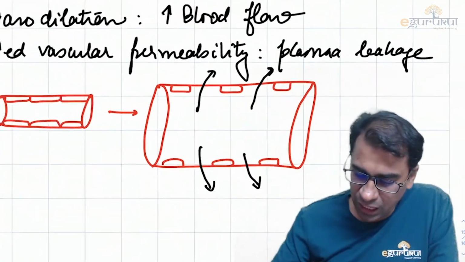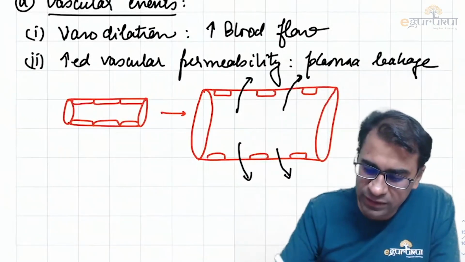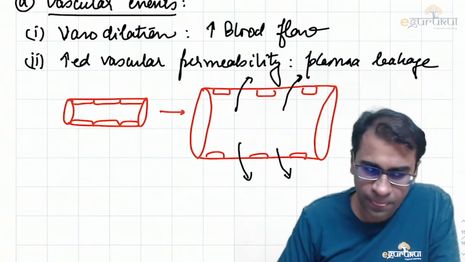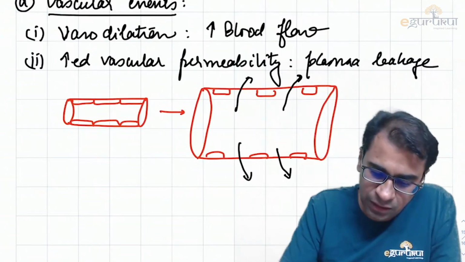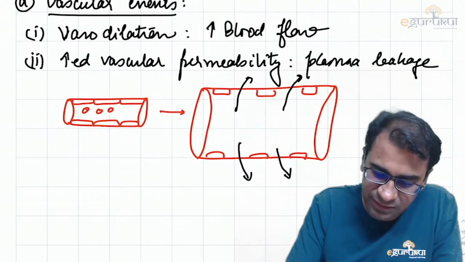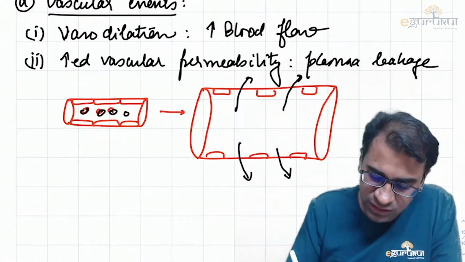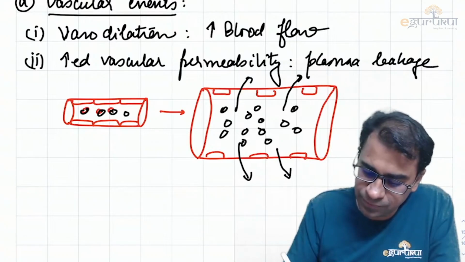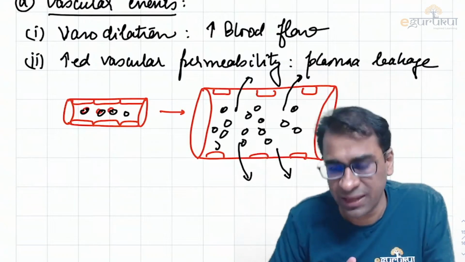Now look, if you look at this whole event occurring here, what you will understand is that because of the vasodilation, the cells, let me draw these cells here, these 4 cells, the number of cells have increased here, because more blood has moved into this area.